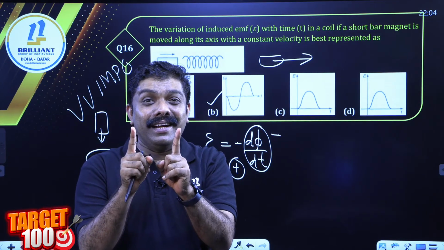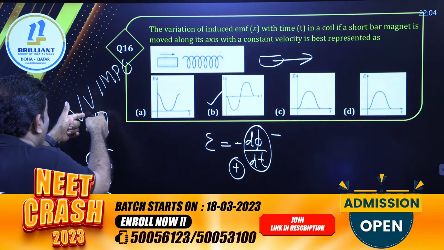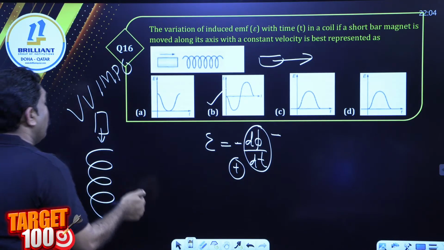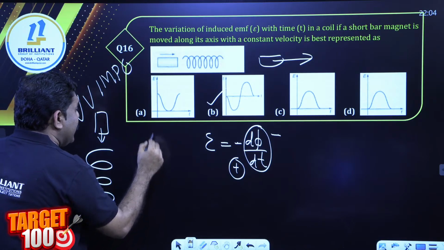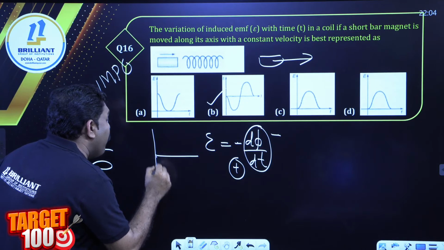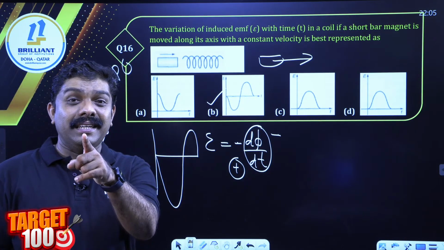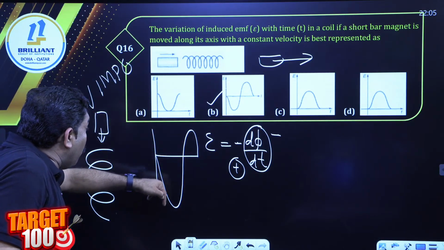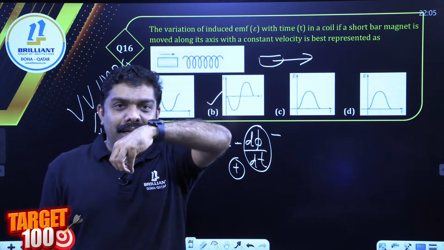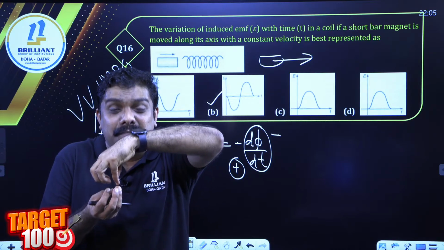Please don't forget, after 20 days we have. So what I'm saying, if it is moving like this, what is the picture there? If it is moving like this, the graph will be in the same manner, but there is a difference. The lower peak will be more than the upper peak. Please take care. Why is the lower peak more than the upper peak? The reason is that when it is falling, according to Lenz's law, the induced current opposes its motion.